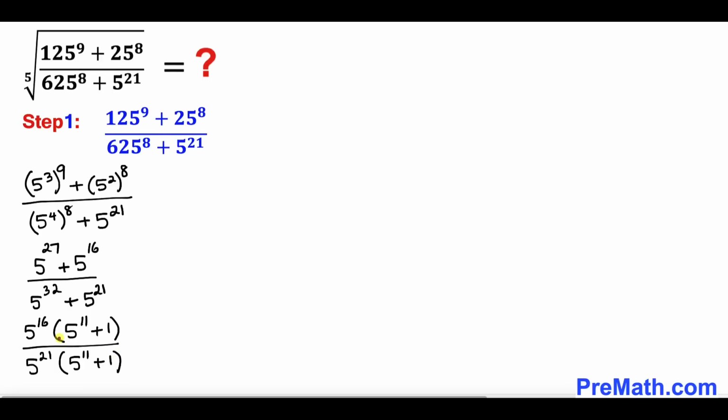And now we can see these factors 5 power 11 plus 1 on the numerator and the denominator cancel each other out. So therefore we end up with this simplified fraction, 5 power 16 divided by 5 power 21.